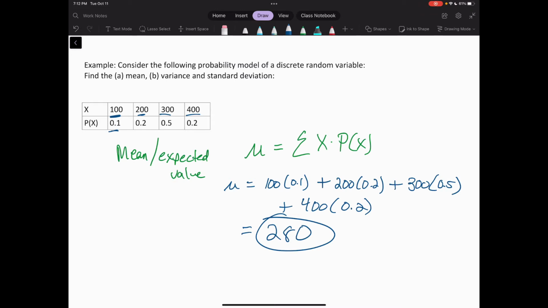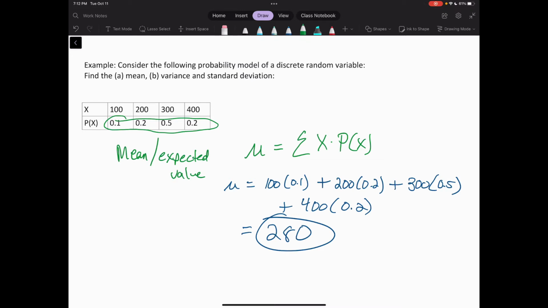Really quick, before I move on to the next part, I want to be clear on what we mean by a probability model. Remember I told you that there were those conditions. Each probability has to be between 0 and 1. Notice for every single probability, it's between 0 and 1. Also notice if we add up all those probabilities, they add up to 100%, or 1.